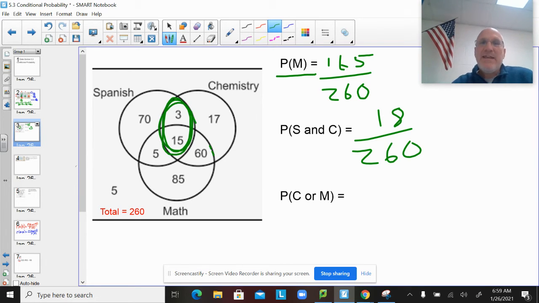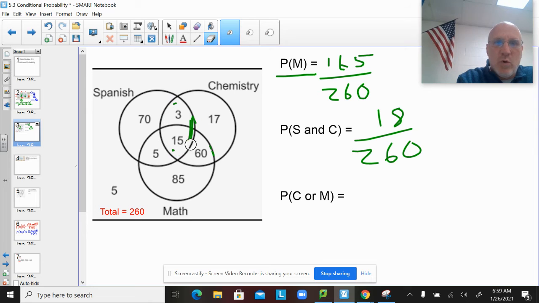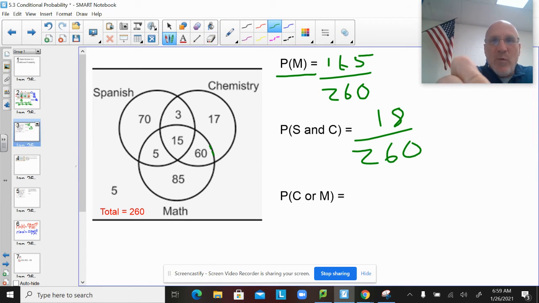And now let's go back to the same dilemma, what do I do about something or something? And again, I can either add up the right numbers or use the formula, probability of C or M. The way I see this first is which numbers are anywhere in either the chemistry or the math circles. I see that number and that number and that number and that number and that number and that number.